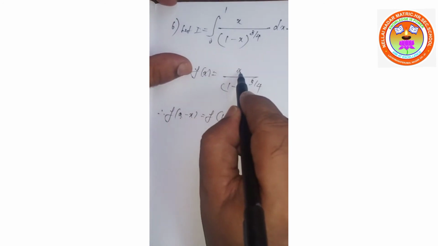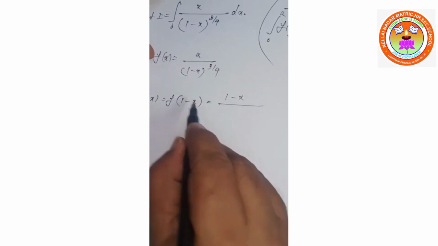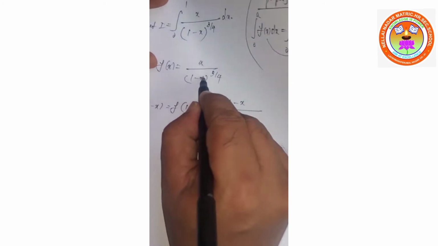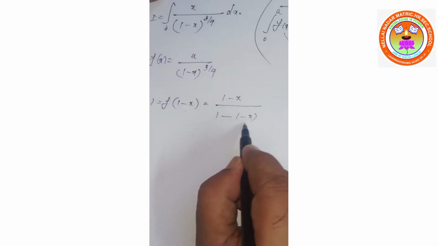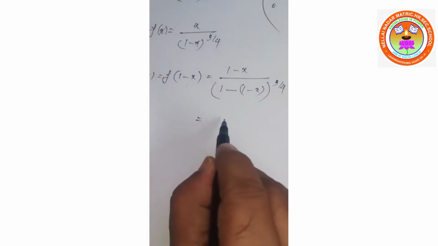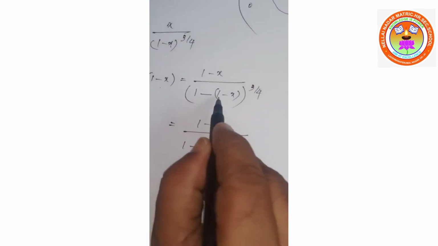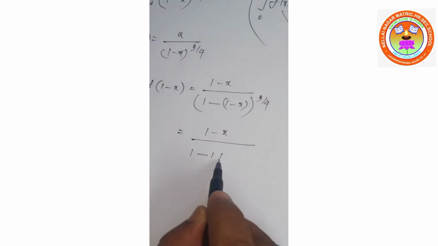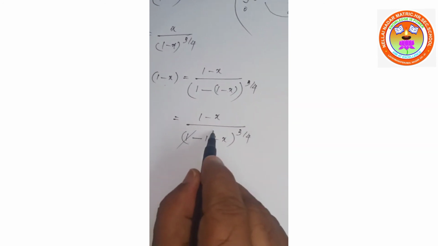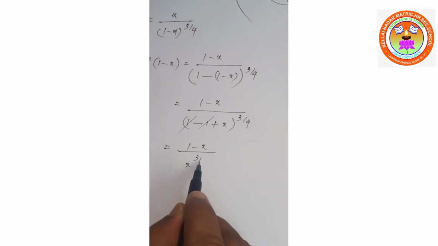So (1 minus x) divided by (1 minus (1 minus x)) whole power 3 by 4 equals (1 minus x) by (1 minus 1 plus x) whole power 3 by 4. 1 minus 1 gets cancelled, so (1 minus x) divided by x, whole power 3 by 4.